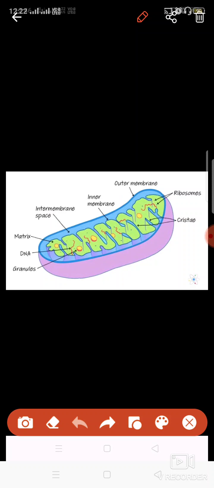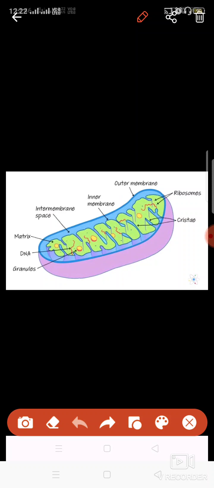Okay, and this mitochondria has its own DNA and protein. These granules, you can see, ribosomes and DNA.